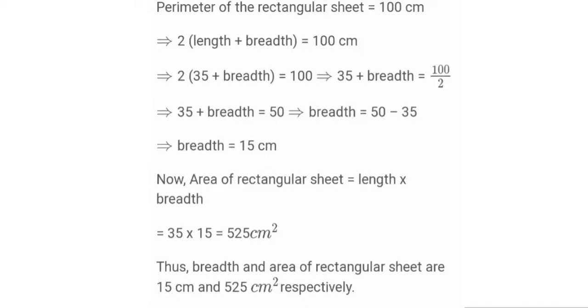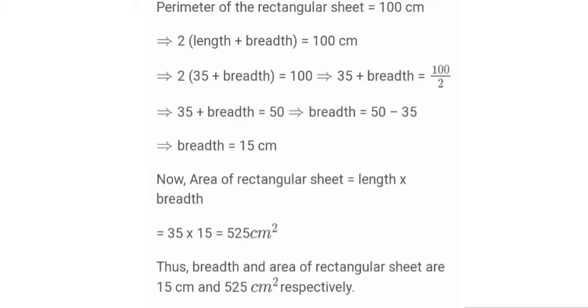Now put the value of length. So it will come 2 in bracket 35 plus breadth is equal to 100. Now this 2 will go in denominator. So it will come 35 plus breadth is equal to 100 upon 2. So 35 plus breadth is equal to 50. So breadth is equal to 50 minus 35, means 15 centimeter.